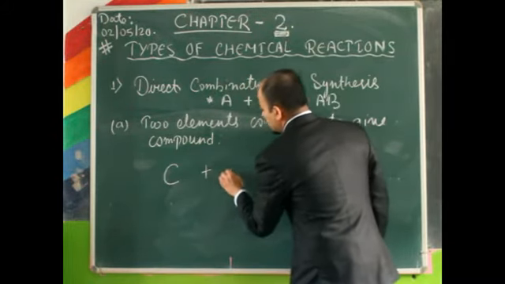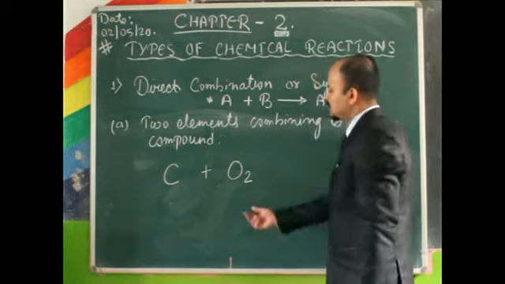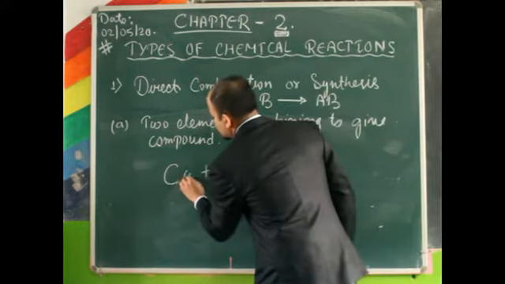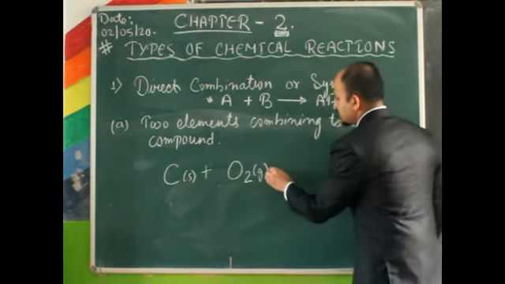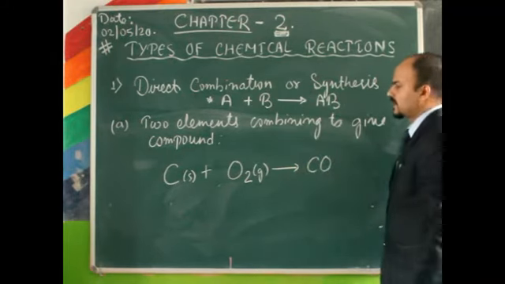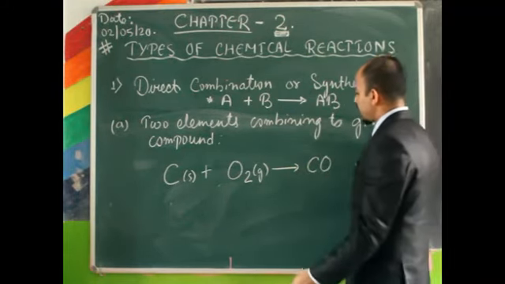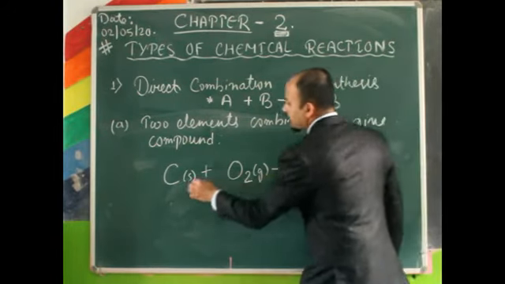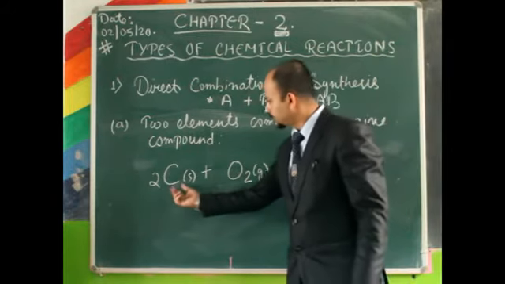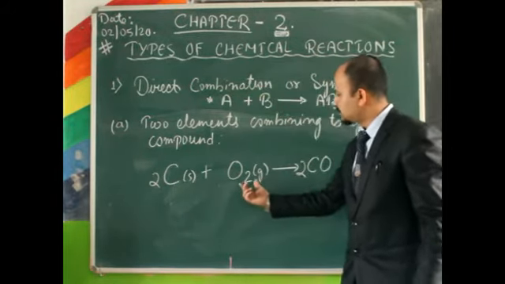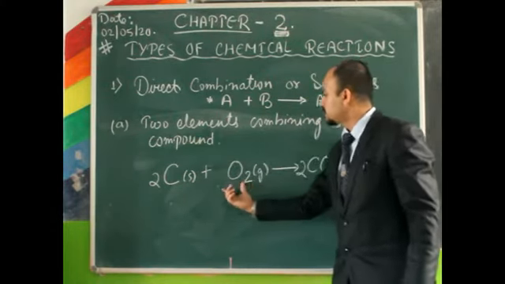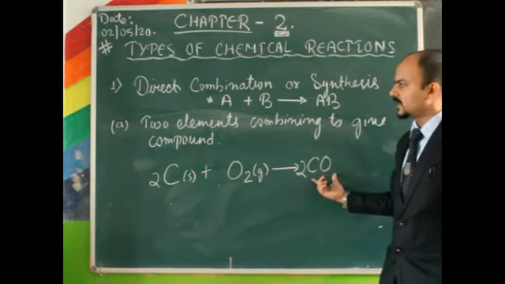Oxygen in gas phase will combine with carbon in solid phase. This is solid, this is gas phase, to give you one single compound, that is carbon monoxide. So you can balance this equation. Here, this carbon element is combined with oxygen element. So two elements are combined to give you one single product.